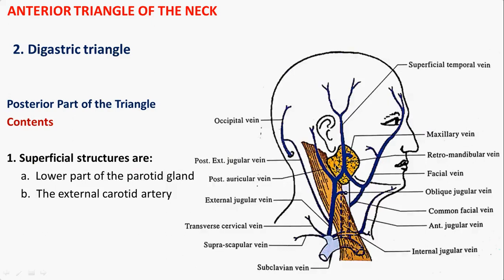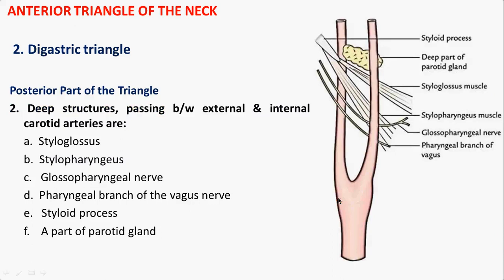Now we will see the contents of the posterior part of the triangle. The superficial structures are the lower part of the parotid gland and the external carotid artery. What are the deep structures in the posterior part? The styloglossus muscle, stylopharyngeus muscle, glossopharyngeal nerve, pharyngeal branch of vagus nerve, and part of the parotid gland.